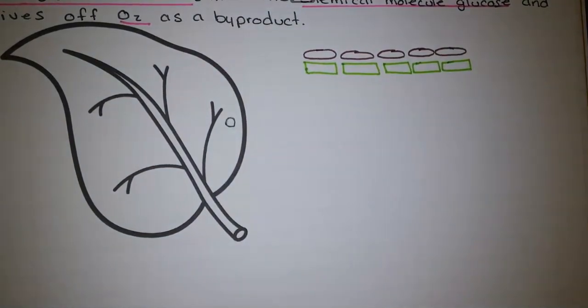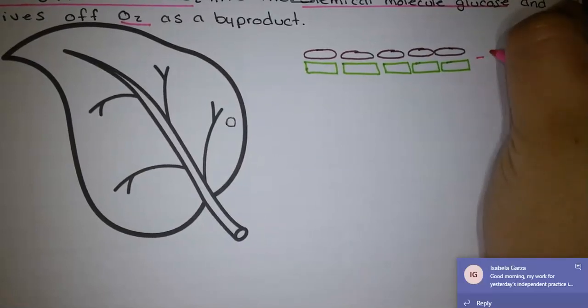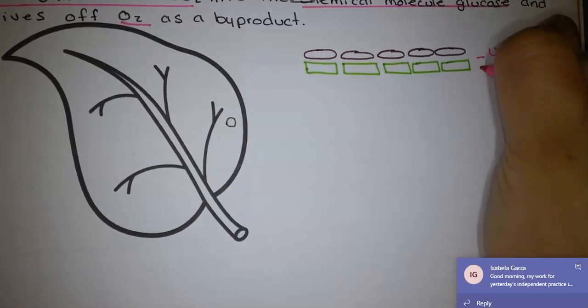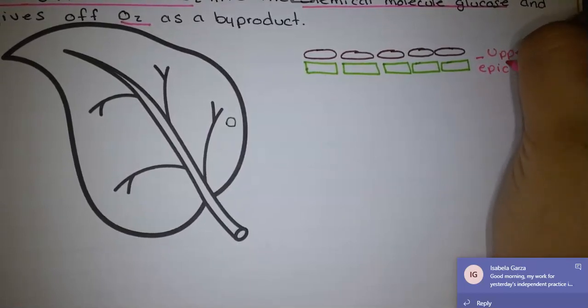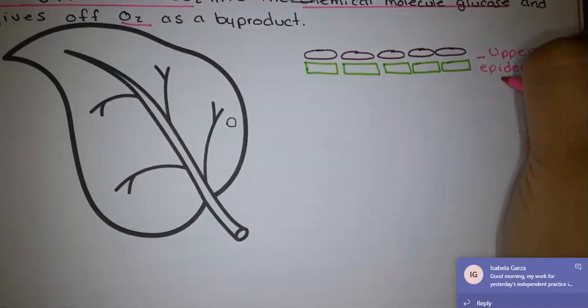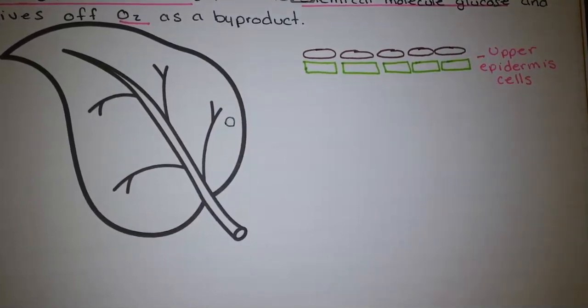Okay, so this top section would be the upper epidermis cells. Okay, now underneath we would have the palisade mesophyll cells.